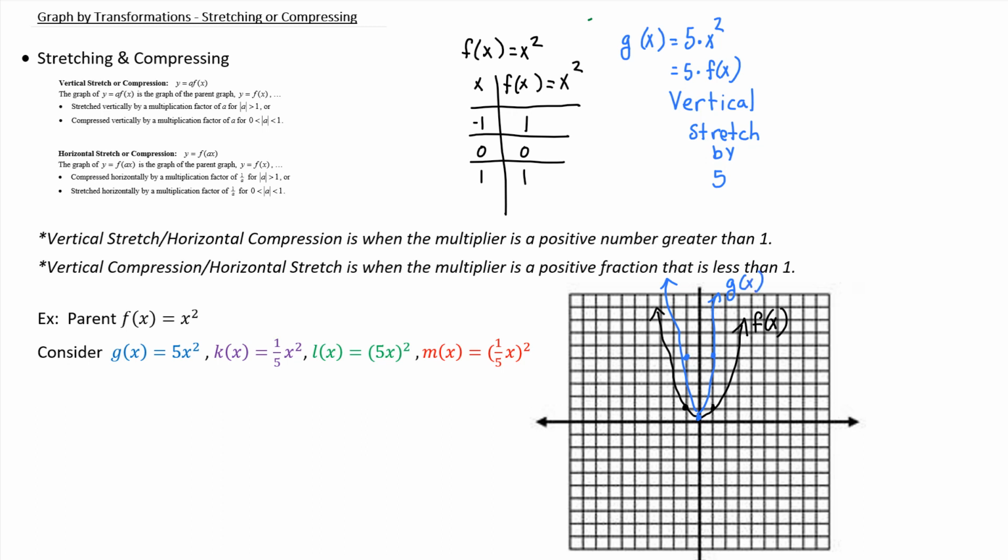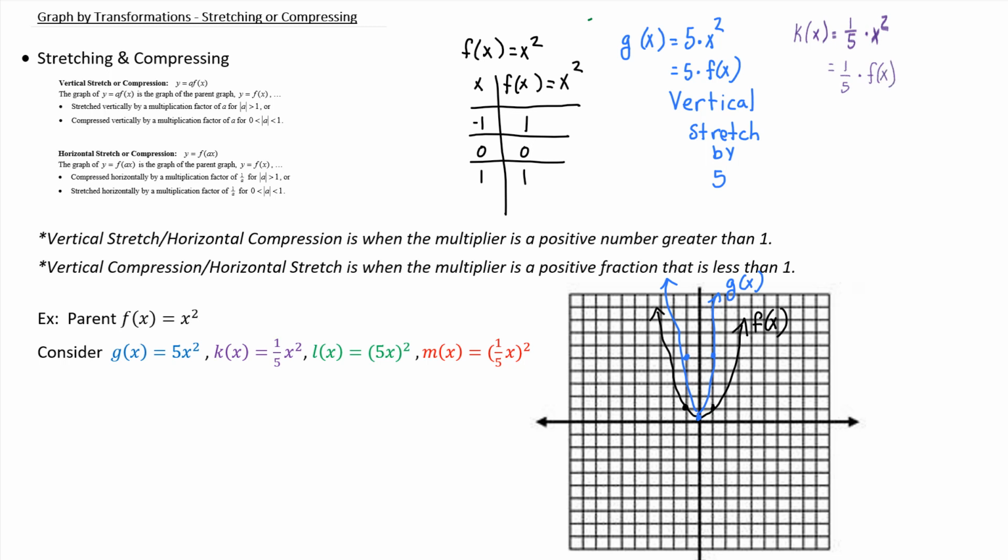Let's look at k of x. K of x is 1/5 times x squared. So 1/5 times my original function, f of x, or x squared.